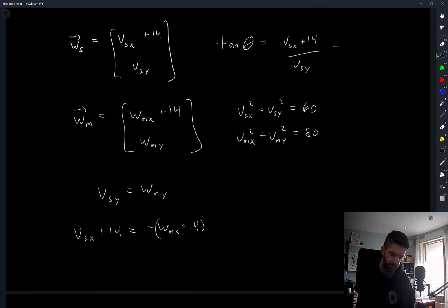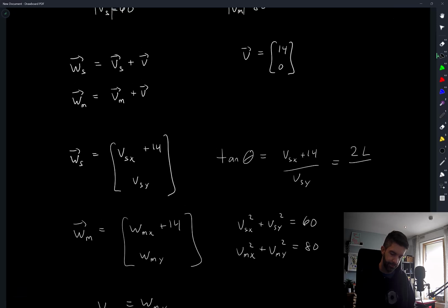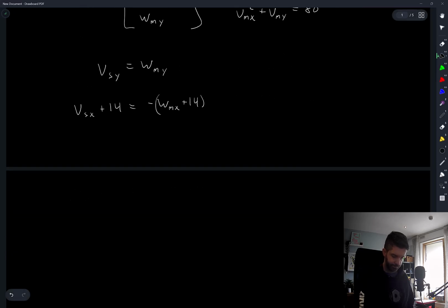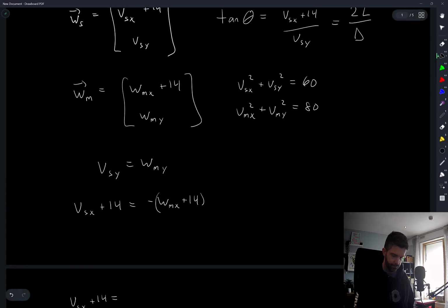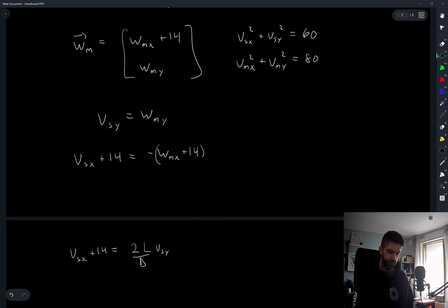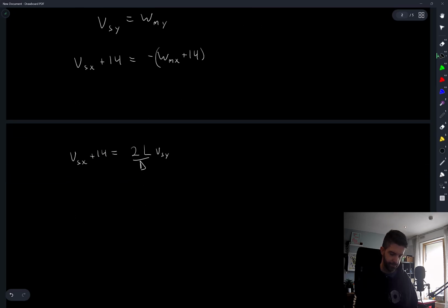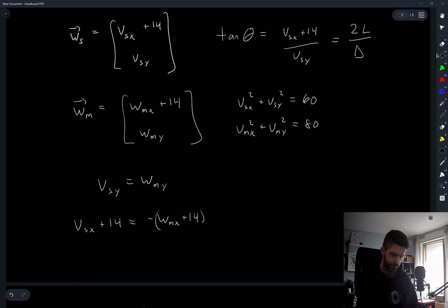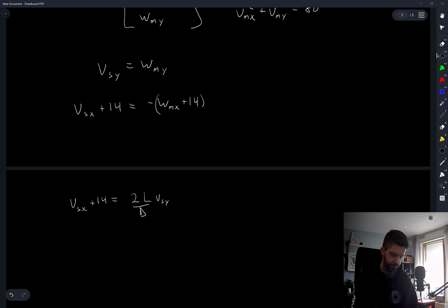Well, this is equal to, let's get rid of theta. This is equal to 2L over D. You have to keep in mind that L is not a variable.